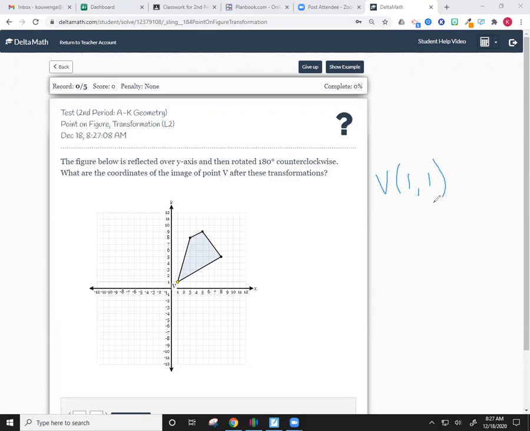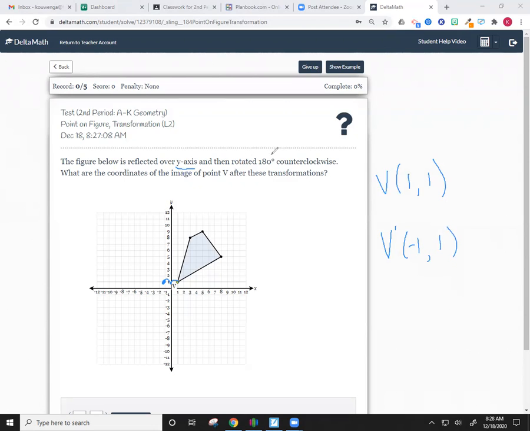The first thing I want to do is reflect it over the y-axis. If it's going over the y-axis, only the x is changing, so instead of +1, x is going to be -1. The y stays the same.